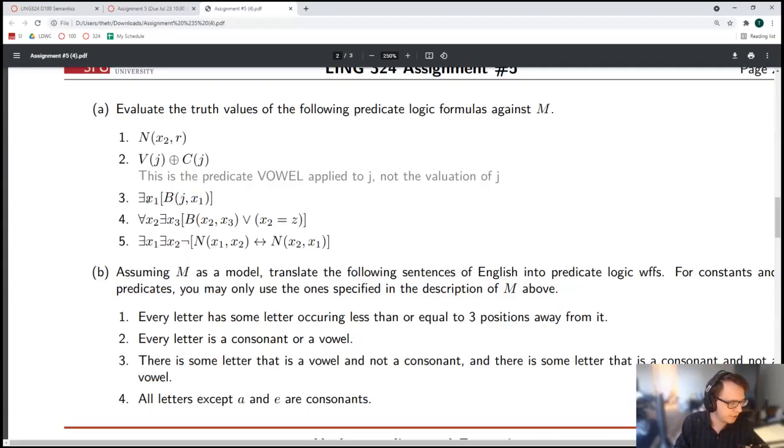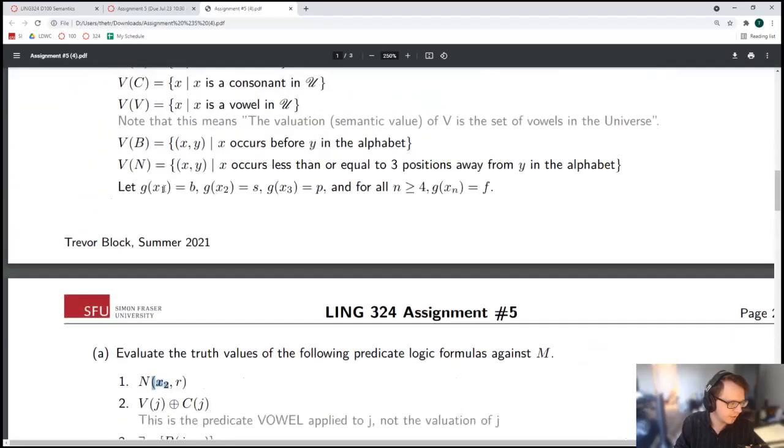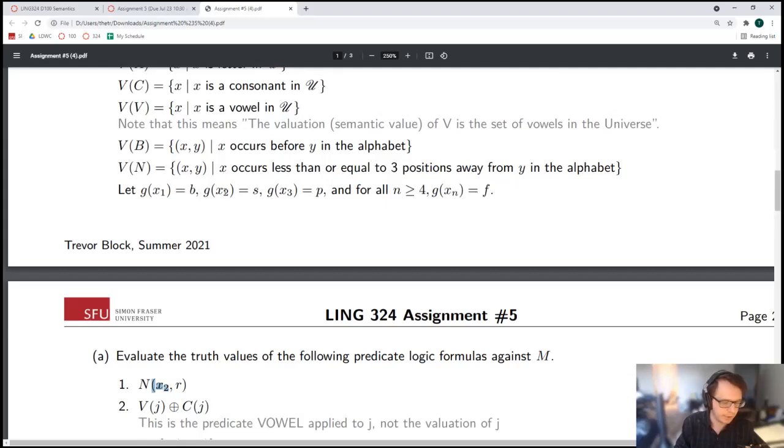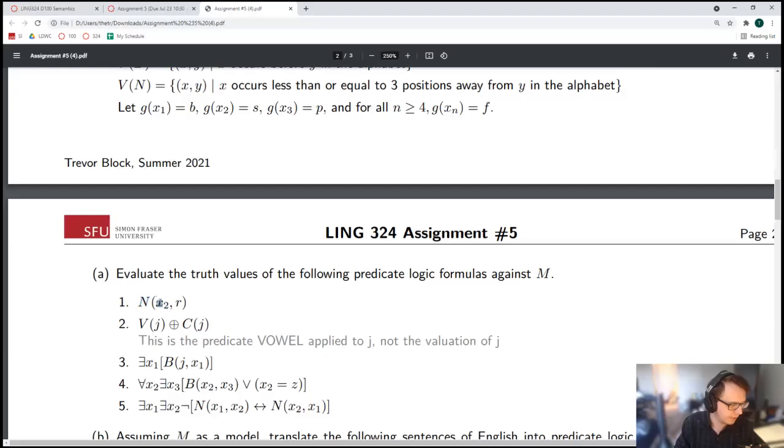So this is just acting as a variable. But if this were free, like in this case x1, we don't have anything binding it, then we have to take a look at the assignment function to see what it is. There's no quantifier here, so we need to know what is x2? Well, we take a look up here and we say x2 is s.